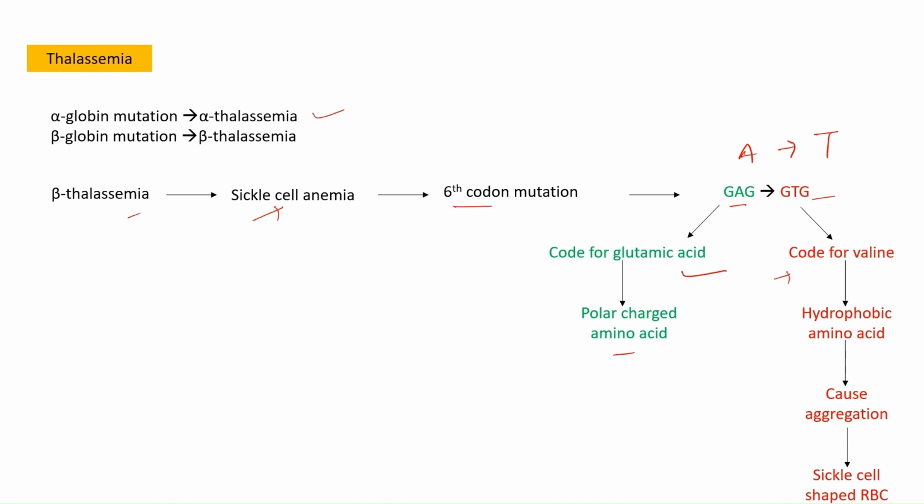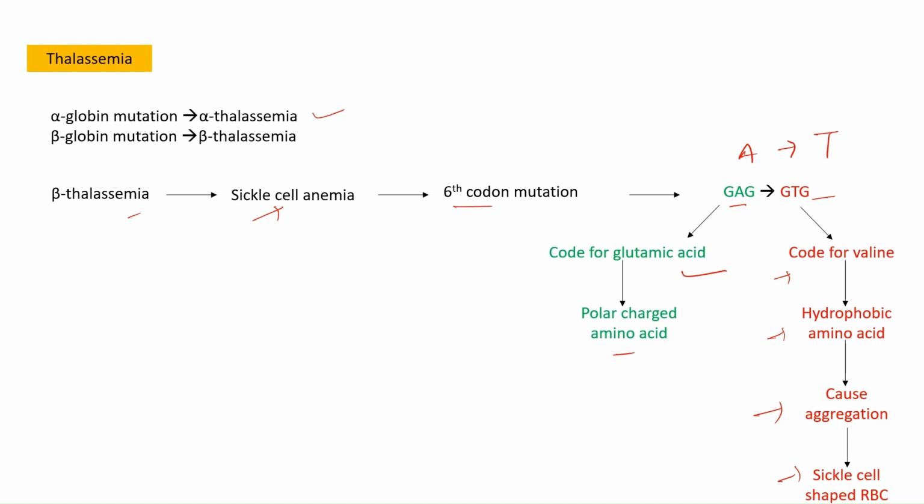Valine is a type of hydrophobic amino acid. Because it is hydrophobic, it is insoluble in water. So it will aggregate, and that results in sickle-shaped RBC. So sickle cell anemia is a special case of beta thalassemia due to the mutation from GAG to GTG.